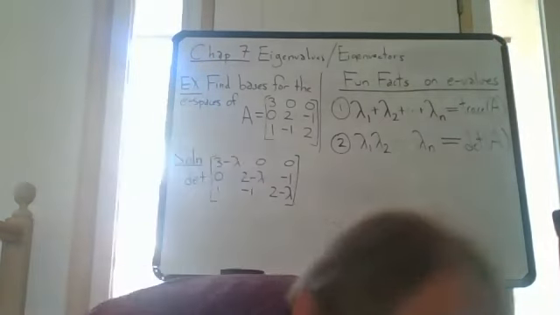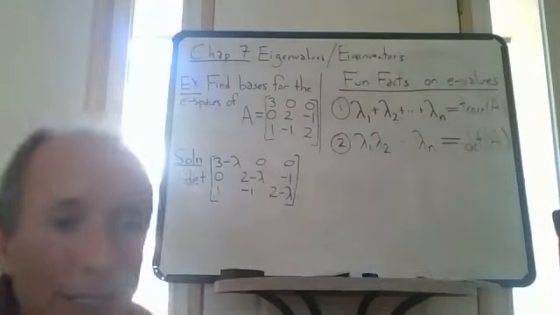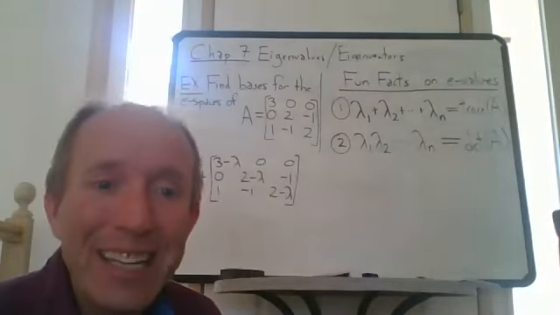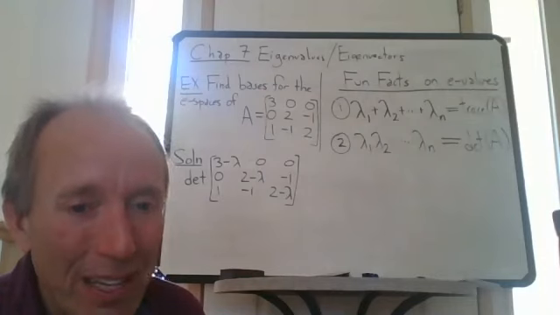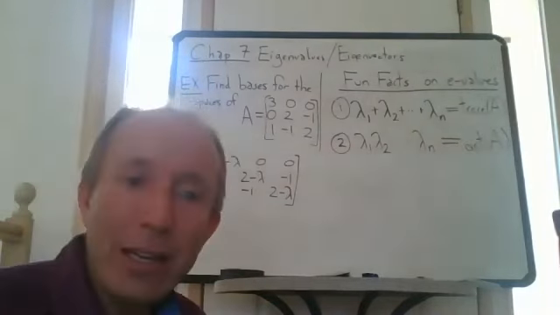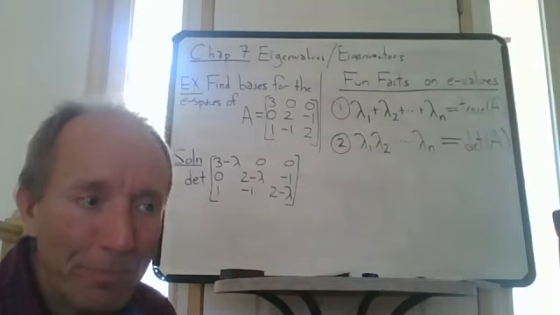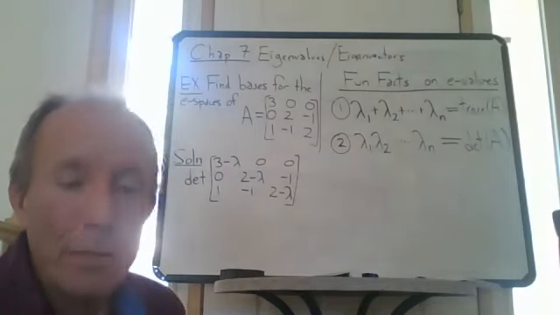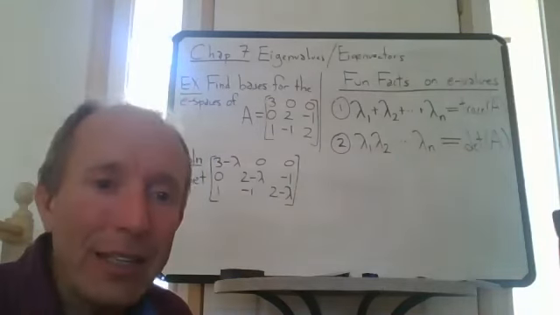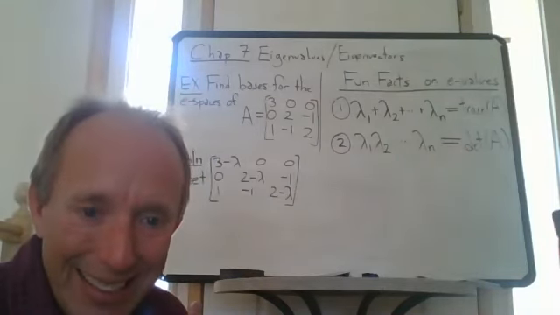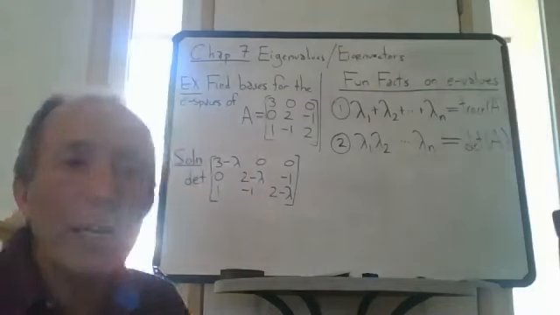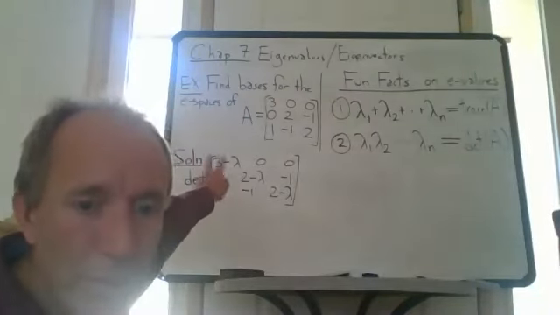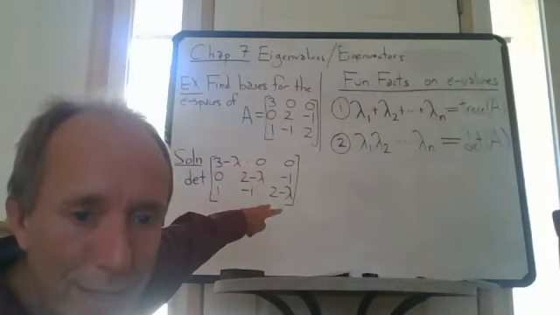Now, here's the thing, guys. This matrix is 3 by 3. It's a little harder to get the determinant, isn't it? Now, you might remember that in chapter 3, we had an arrow method that we learned, right? But it turns out that that arrow method is not going to be so helpful here. Because what you're going to end up getting, you can see the very first diagonal, the main diagonal there, 3 minus lambda times 2 minus lambda times 2 minus lambda.